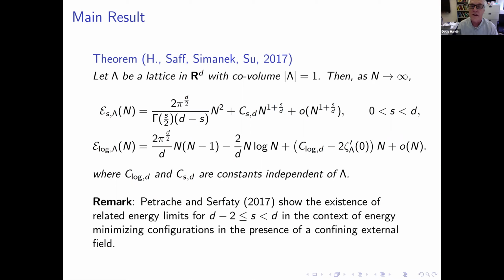Two things. For the hypersingular case, we know on the circle there's an n squared term, but even for s bigger than d, we don't have a good conjecture for the form of the second term. And for this case, we don't know.